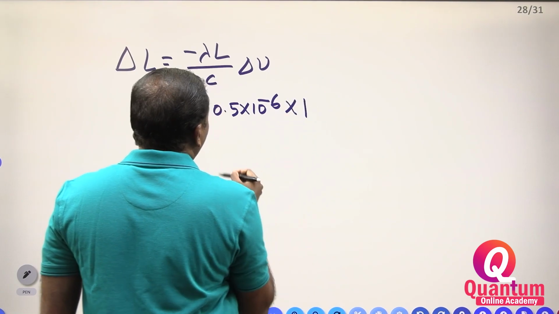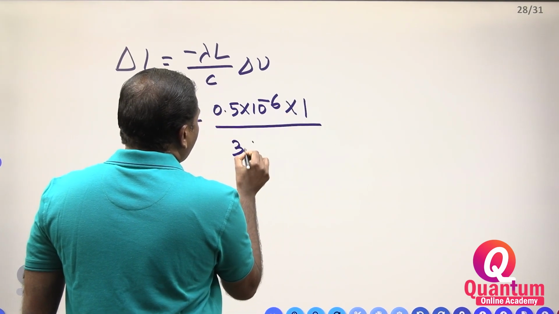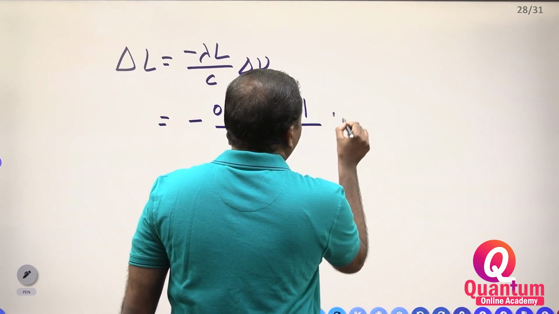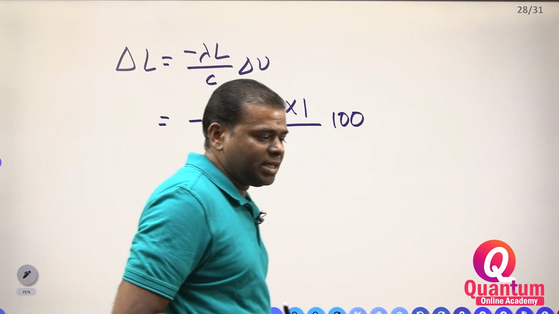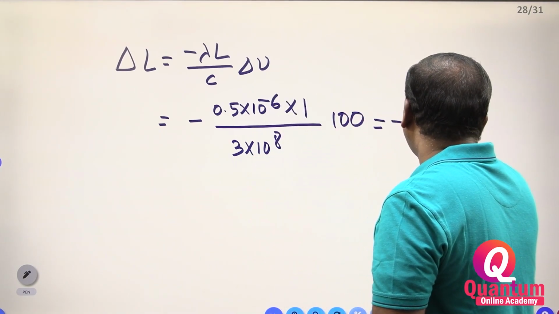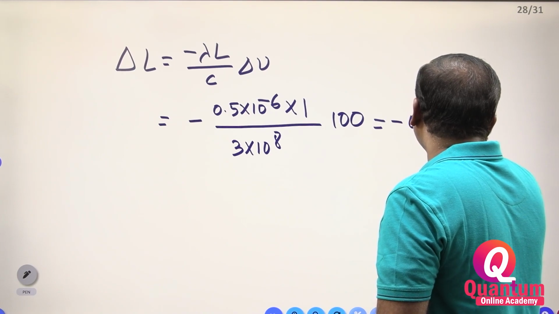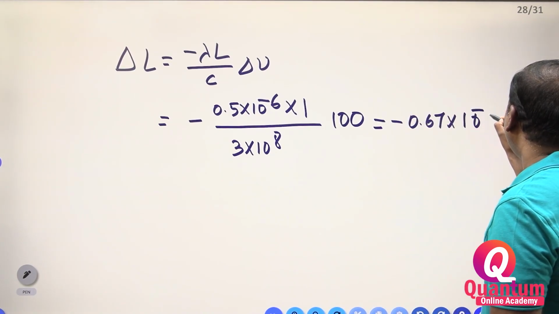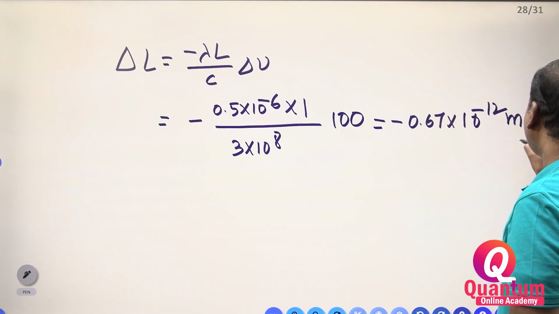L is equal to 1 meter. C is equal to 3 into 10 to the power of 8. Delta nu is equal to 100 Hz. If you simplify, we get minus 0.67 into 10 to the power of minus 12 in meters.